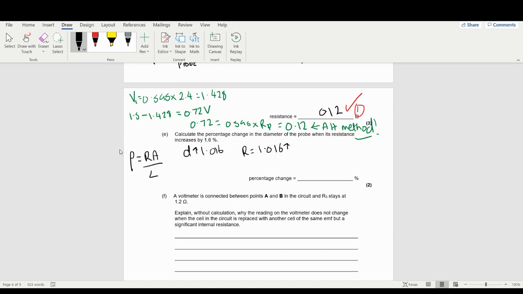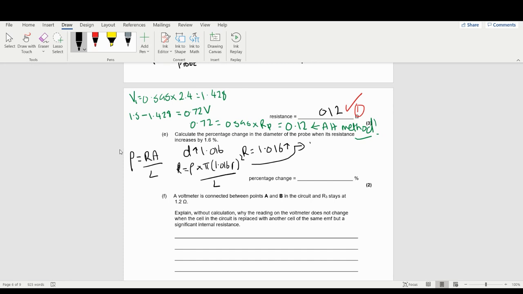Okay, so what we're going to do here is bring it all into the formula. So I've got R is rho, and that's going to stay the same, times by pi 1.016 r squared over L. So 1.016 squared, oh Christ, 1.03.